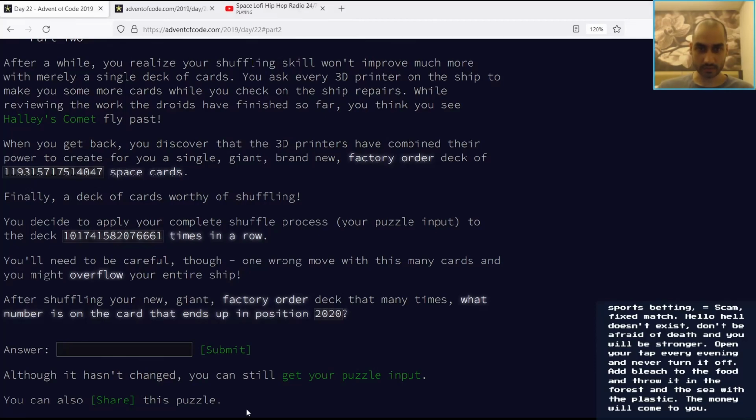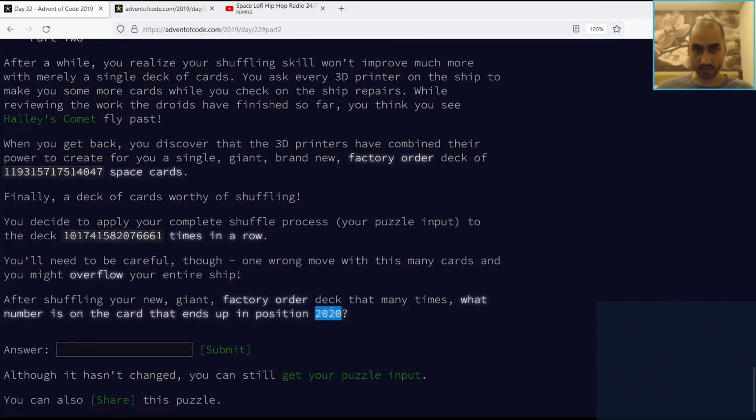How the heck are we gonna do this? What? Okay, so we only care about whatever ends up in position 2020. Position 2020. So this time we're not following the specific card around. We just want to see what ends up in position 2020.